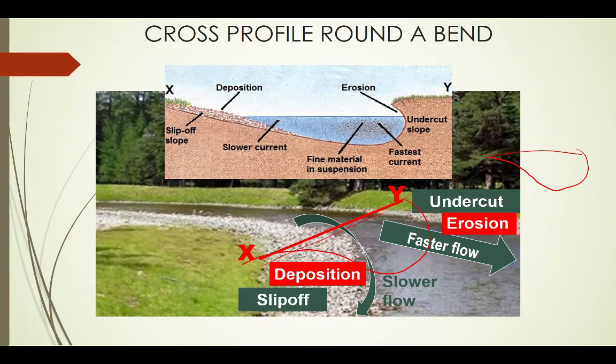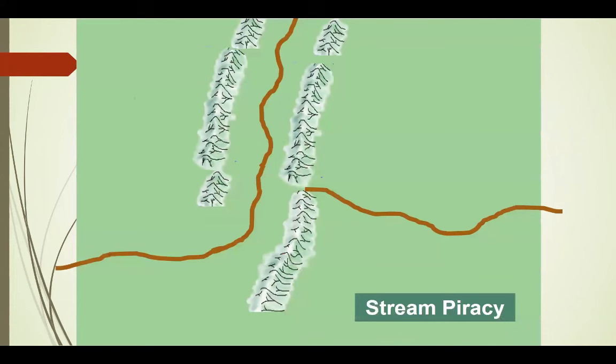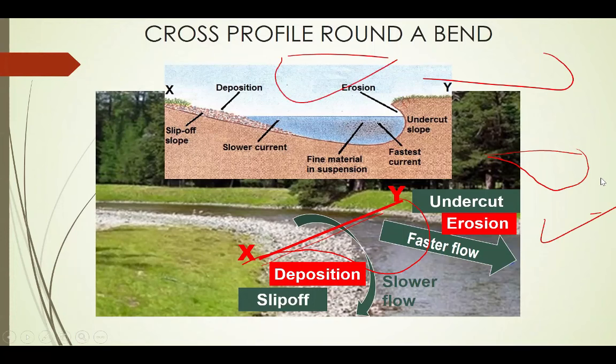If the river was bending in the other direction, then your tick will face a different direction. That is your cross profile through a meander. It can be a tick in the right direction, or in the opposite direction.